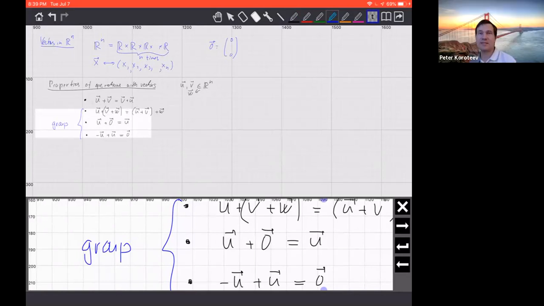So what is a group? It's a set which is equipped with an operation. In this case, the set is Rn, and the operation is addition. You can take vectors, add them, and get a new vector.